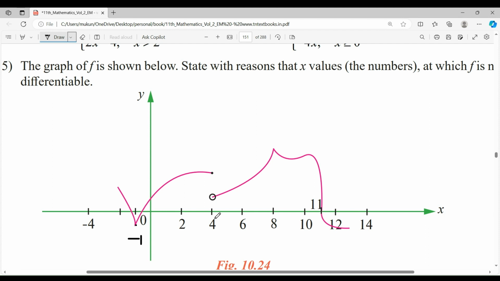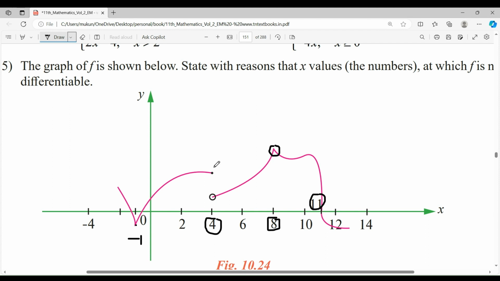And then we have 4 as another point, and then we have 8, and then we have 11. So there are basically 4 points. I don't think we will have to really be worried about the other points in this curve.